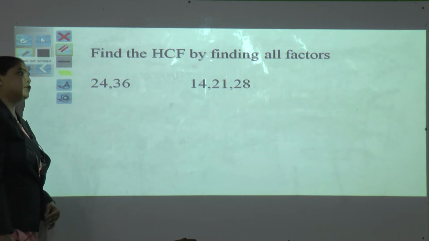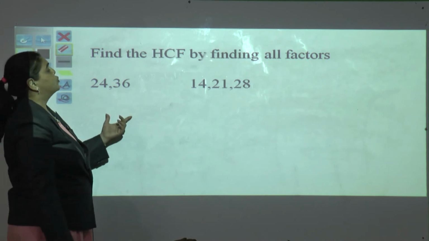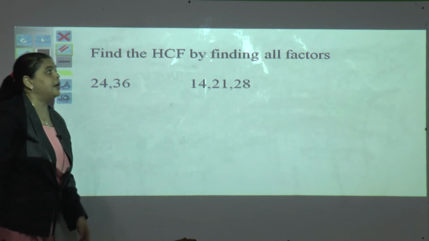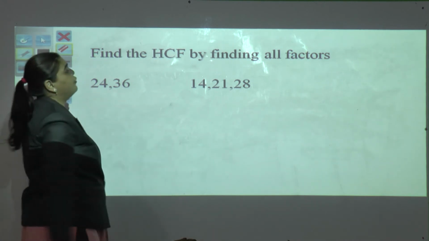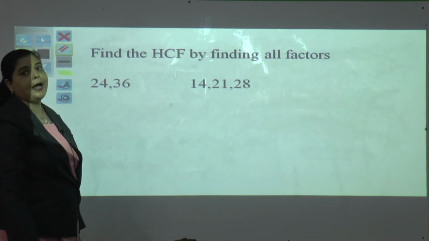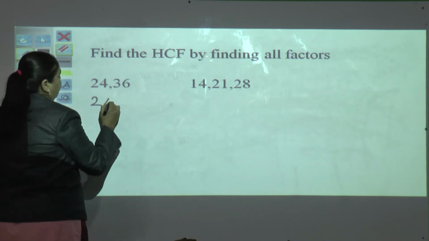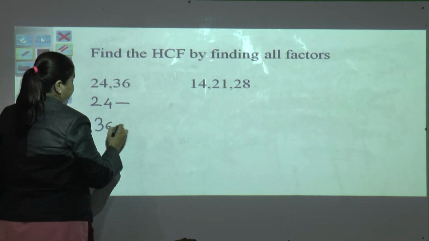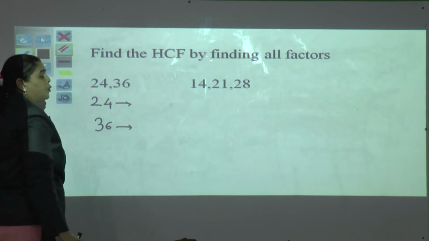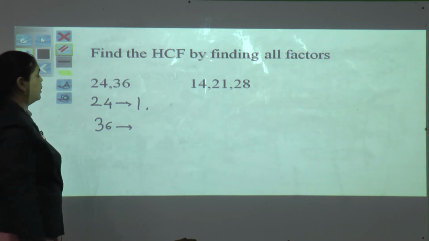I am also giving small tricks, so please pay attention; it will be easier to understand how to find the factors. We will find the factors of 24 and 36. Every number has 1 and itself as factors.